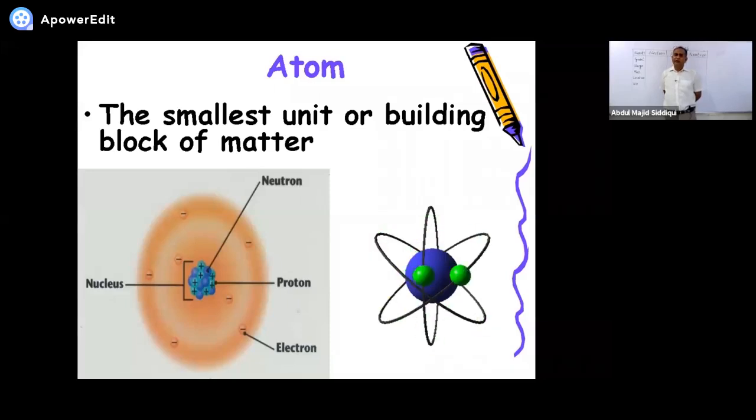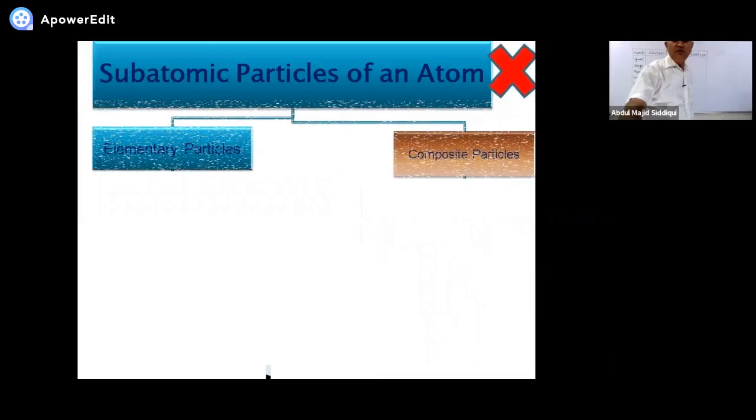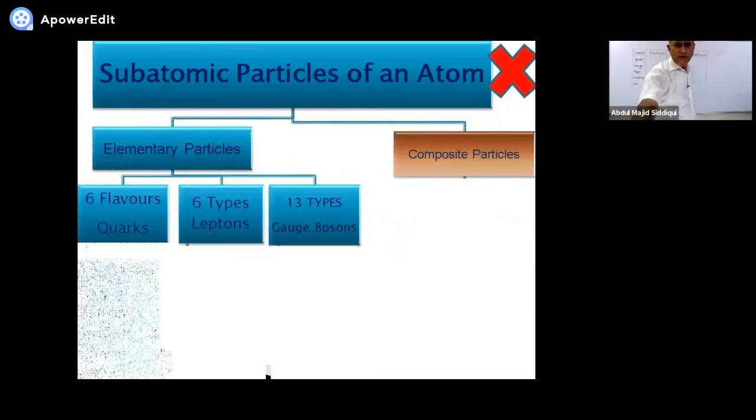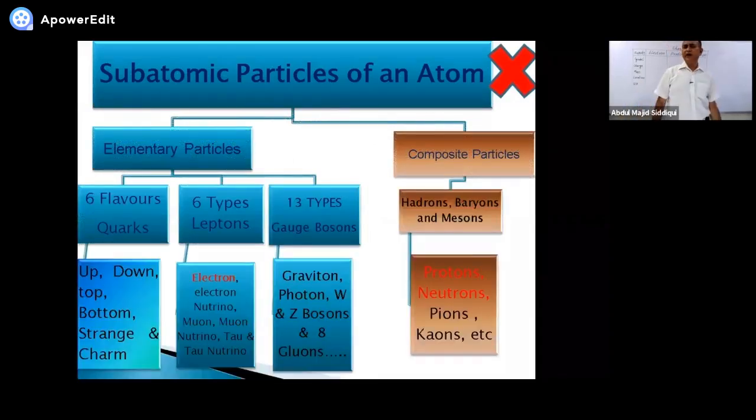How many particles are there? This slide is not for you, just to show that all of these are the different particles present in an atom. You can see I have just mentioned over there, electron, proton and neutron with red color.